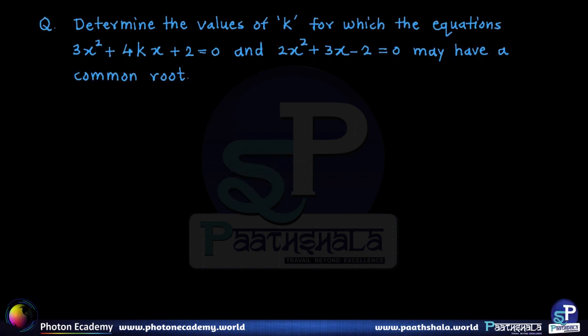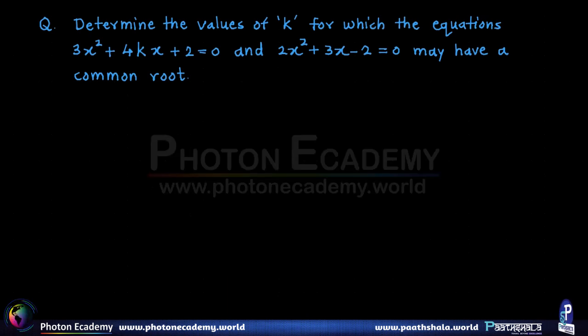Determine the values of k for which the equations 3x square plus 4kx plus 2 equal to 0 and 2x square plus 3x minus 2 equal to 0 may have a common root. So now here we use the condition for a single root to be common.